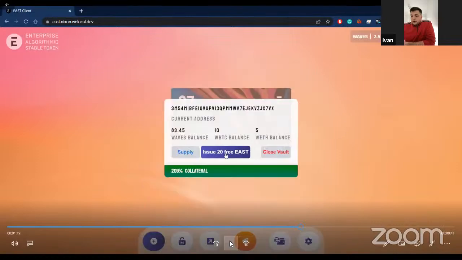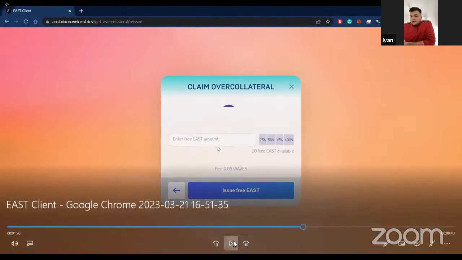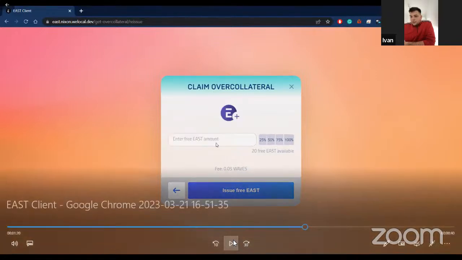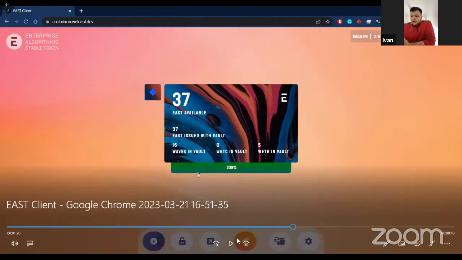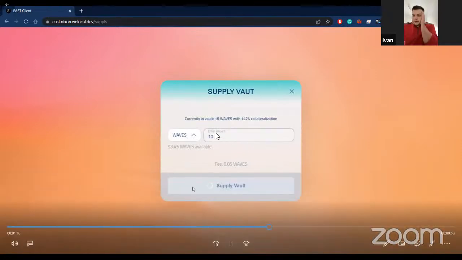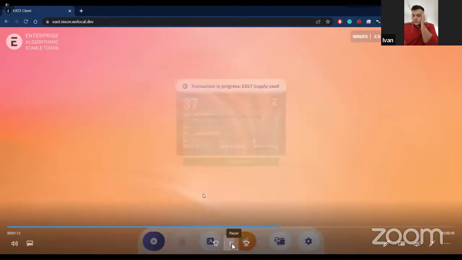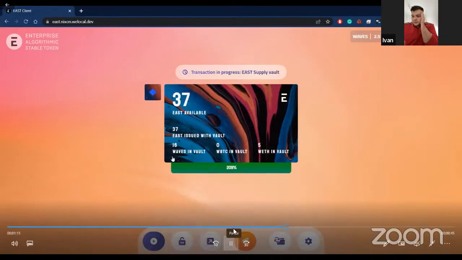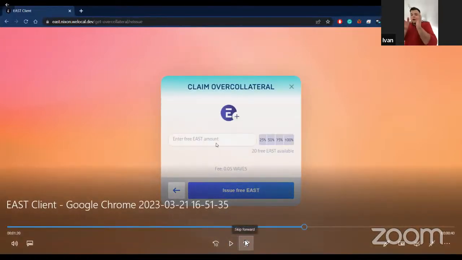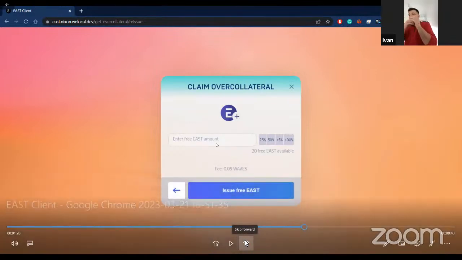Yeah, the number of tokens has changed, and now we have an option to issue free ETH. The collateral level is higher than the level we need.